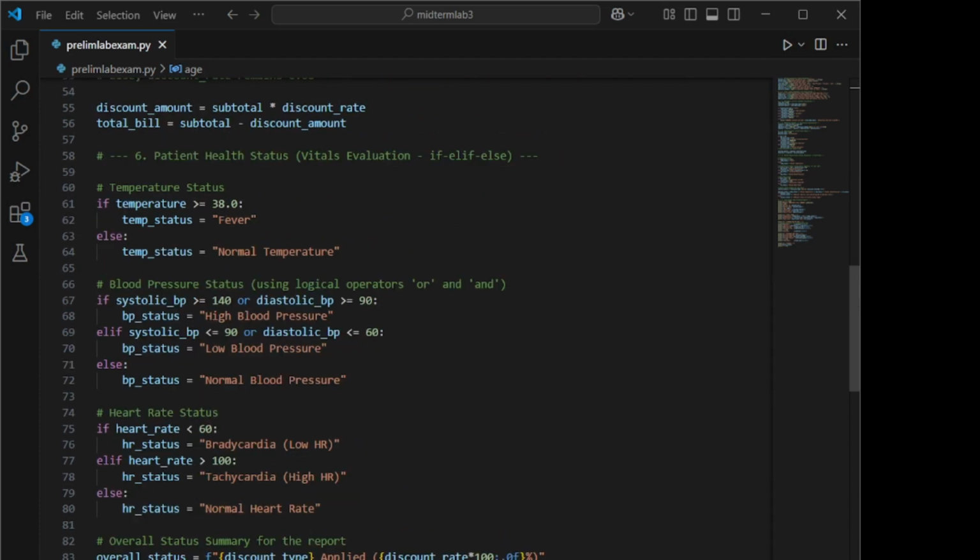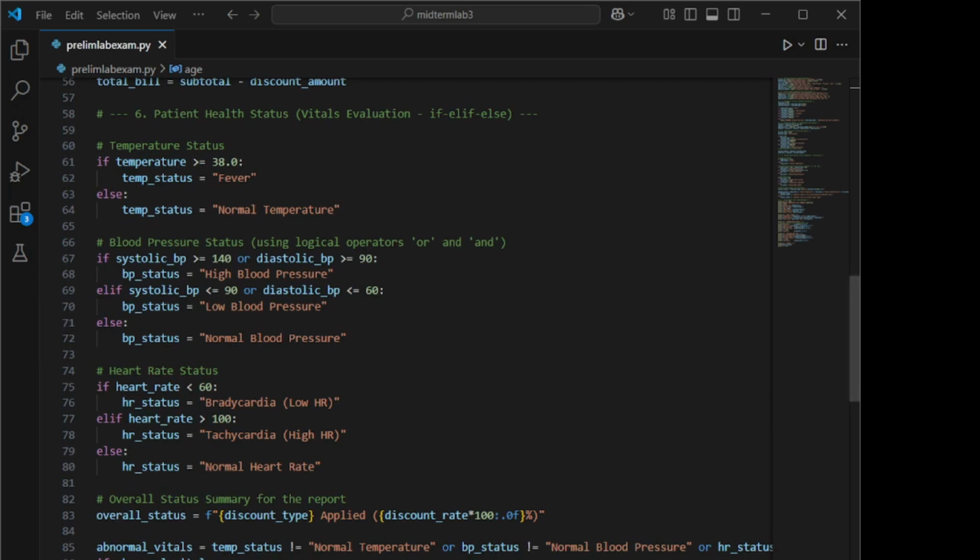Next, we switch gears to medical logic. We need to evaluate the patient's conditions. The most interesting check here is blood pressure, as it requires compound conditions. A patient has high blood pressure if the systolic or the diastolic reading is too high.